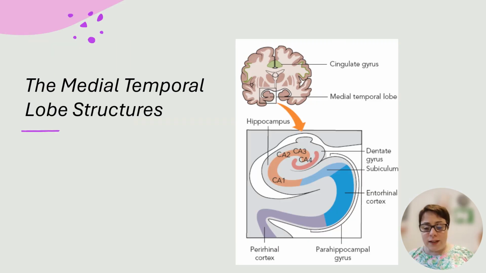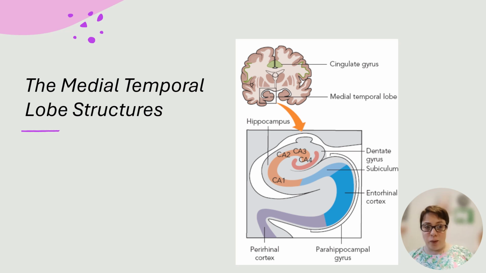So continuing to discuss various structures of the brain and their relationship to memories, we have the medial temporal lobe, which is located deep within the cortex, and many structures that are crucial for memory formation and maintenance are located within the medial temporal lobe, including the hippocampus, the parahippocampal gyrus, and the cingulate gyrus.